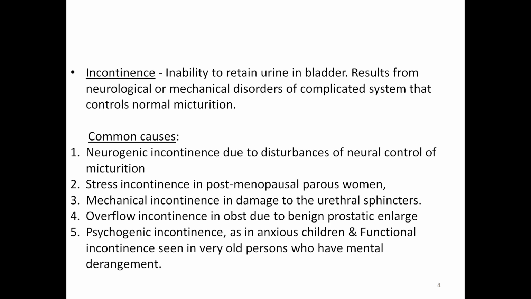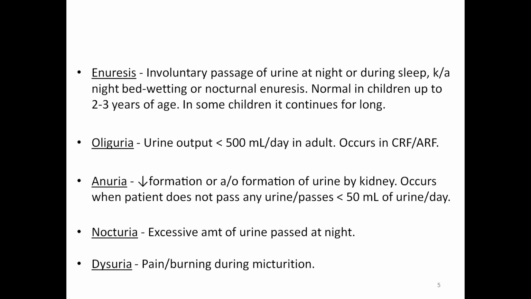There is overflow incontinence, which occurs in obstruction due to benign prostatic enlargement. And there is psychogenic incontinence, which occurs in anxious children. Even functional incontinence is seen in very old people who have mental derangement. So these are the different types of incontinence and their associated causes.